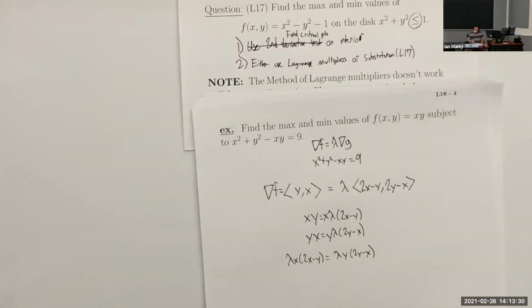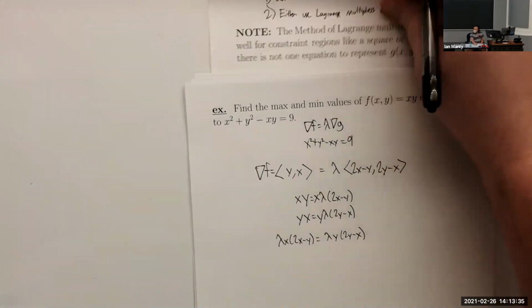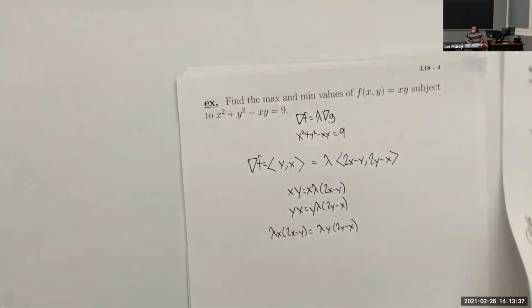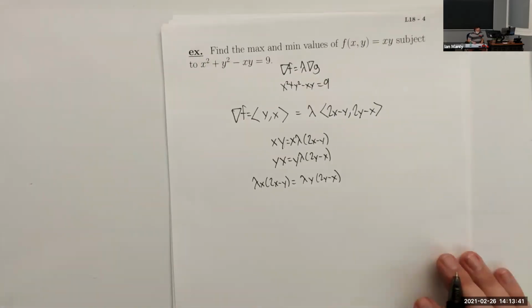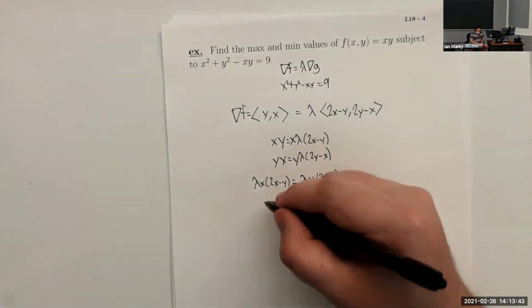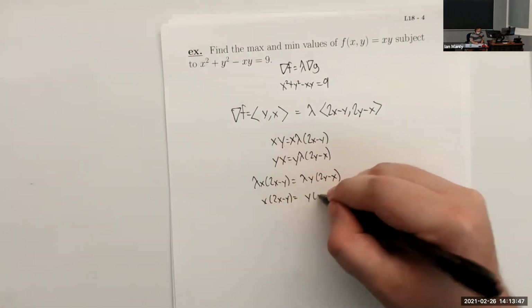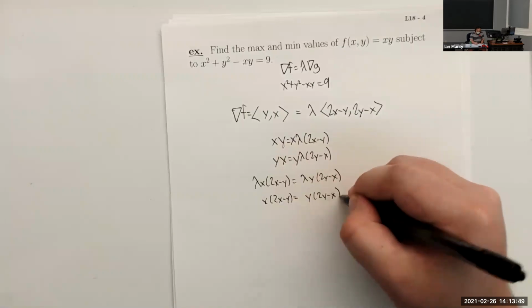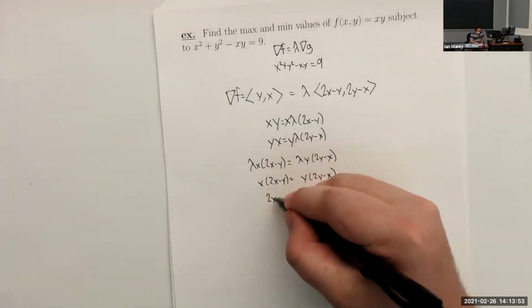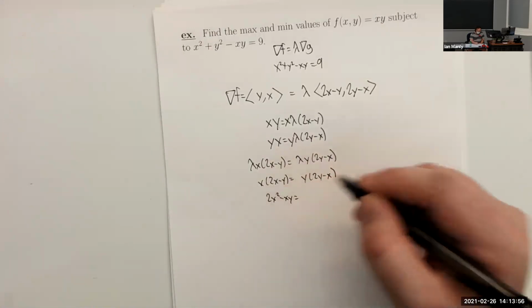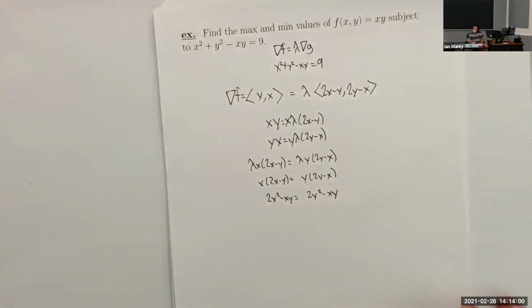Now we can go ahead and cancel out our lambdas, and then multiply through here.